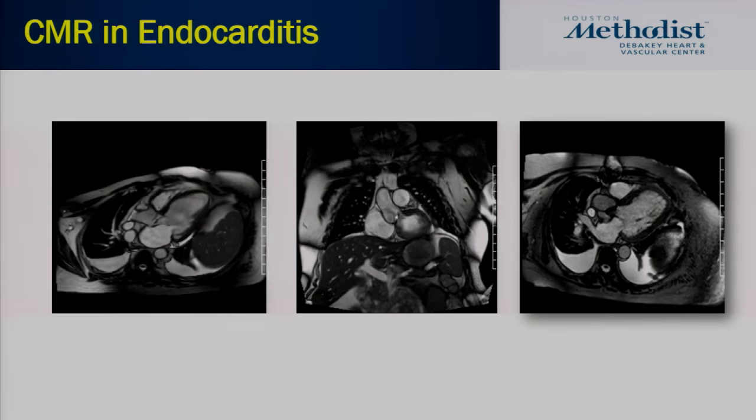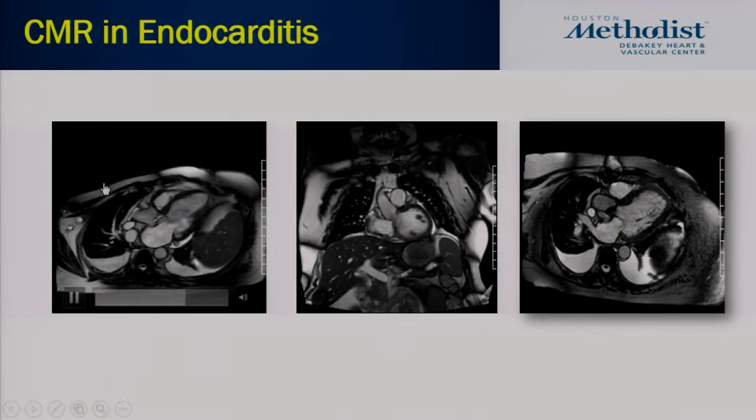So if this vegetation or highly mobile structure is at one point in this beat, at another point in the other beat, it will be averaged out and you may not see it. If you are lucky, there are some case reports where they've seen some fibroelastomas and some highly mobile vegetations, but these are not usually the norm.